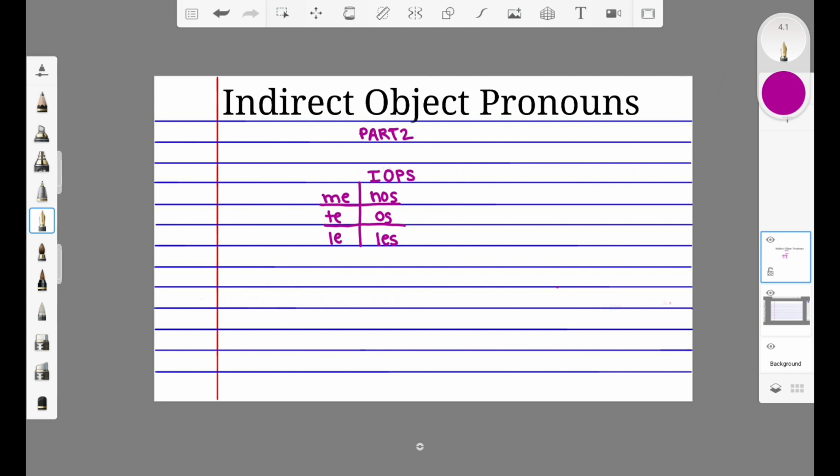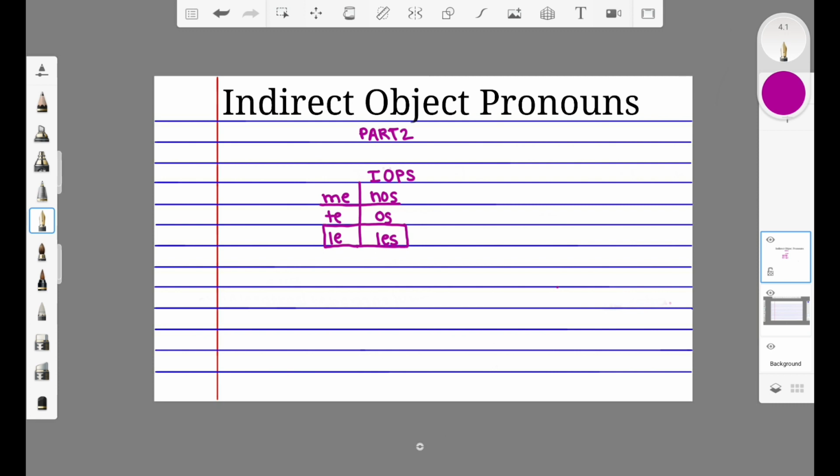And these are your IOPs that are different for each subject pronoun. Also, you'll remember that your DOP chart looked very similar to this. There's only two changes, and that is in the él, ella, usted form and the ellos, ellas, ustedes form. But we'll get to that. So it's IOPs, indirect object pronouns: me, te, le, nos, os, les.